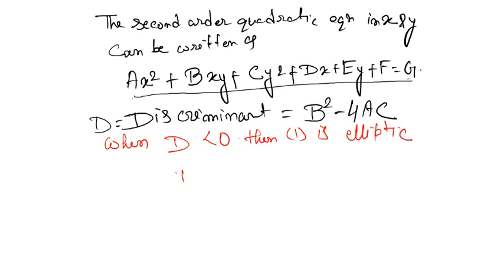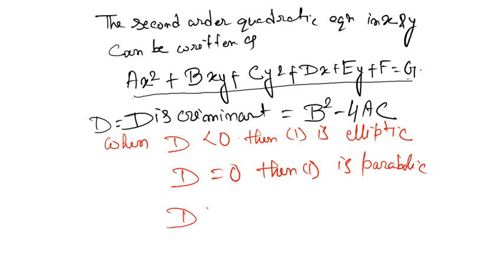When D is 0, then equation 1 is parabolic, and when D is positive, then equation 1 is hyperbolic. So why this name?